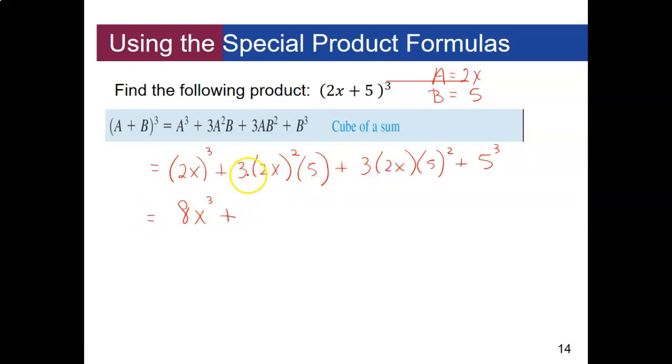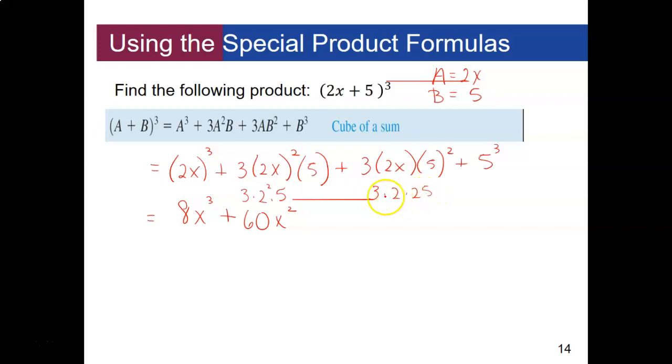Here we've got several numbers. We've got a 3 and a 2 squared and a 5. So if we've got 3 times 2 squared times 5, that's going to be 12 times 5 is going to give us 60, x to the 2nd. And then over here we've got 3 times 2 times 25.